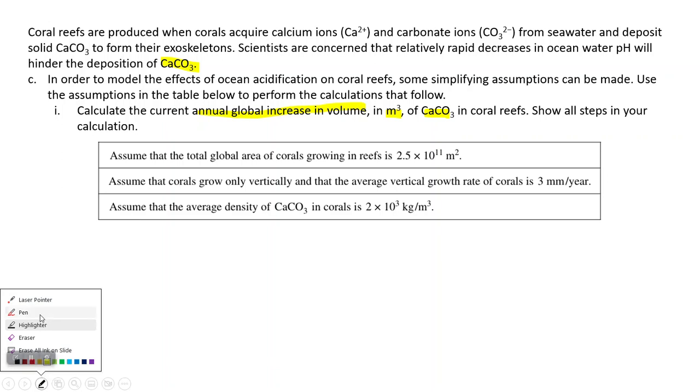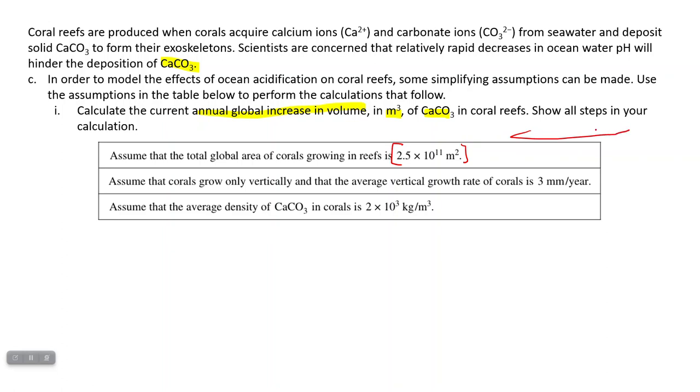So here's what we need to do first. We've got all of these numbers, 2.5 times 10 to the 11th meters squared. That is the area of coral reef that I have. Now, we are having growth in our corals of 3 millimeters a year.